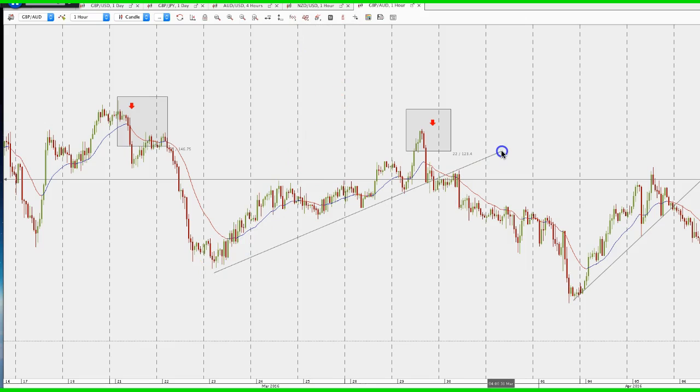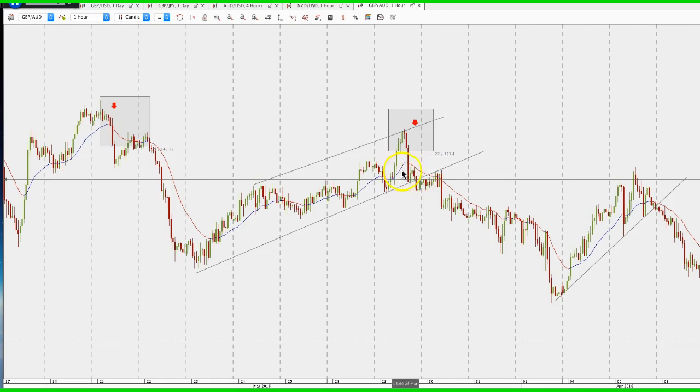It was complete. You can use a channel, connect the swing points, and anticipate these trades to the downside because they are respecting the daily overall direction, which is down on the pound Australian dollar.